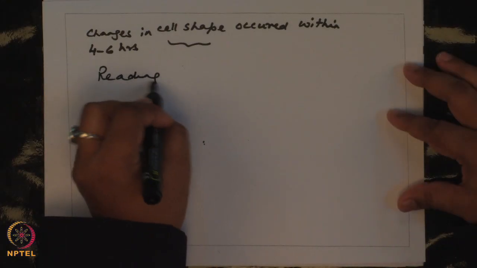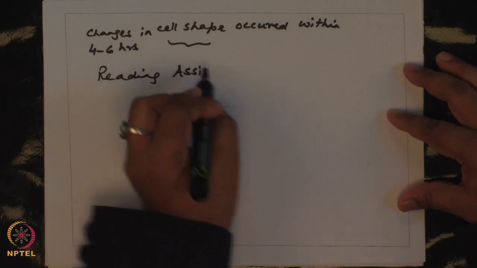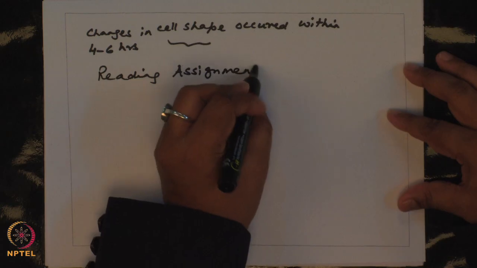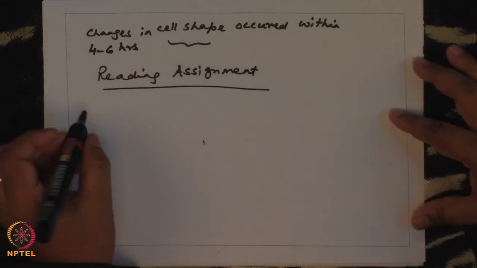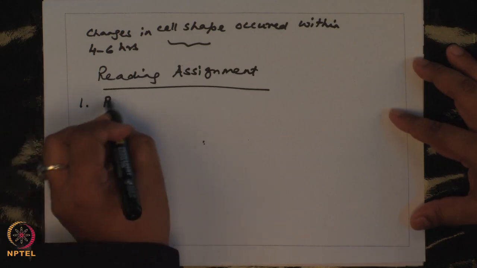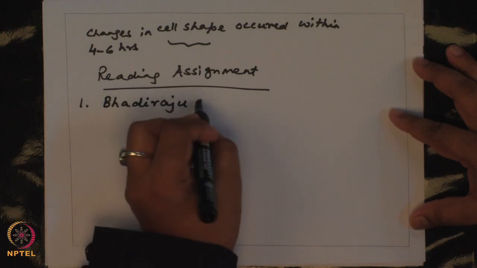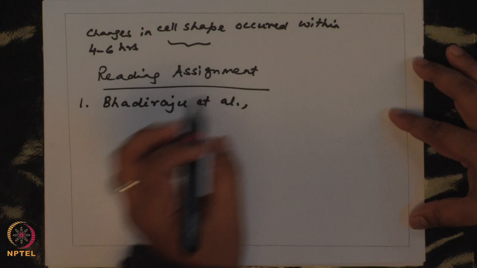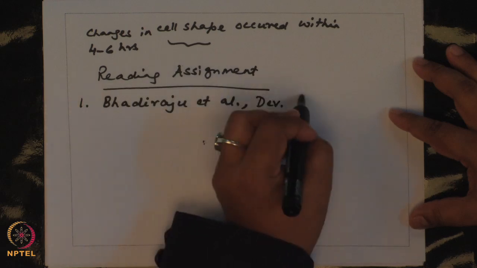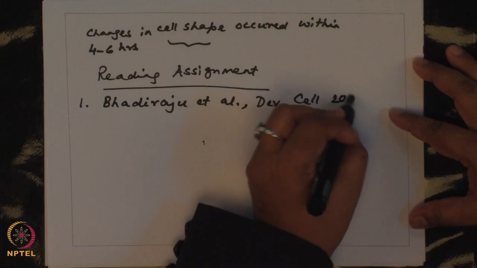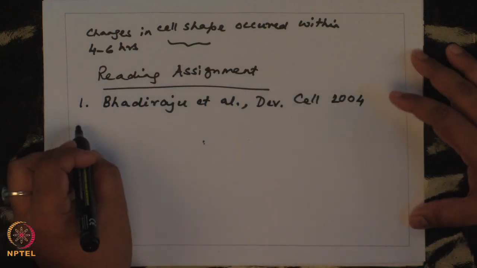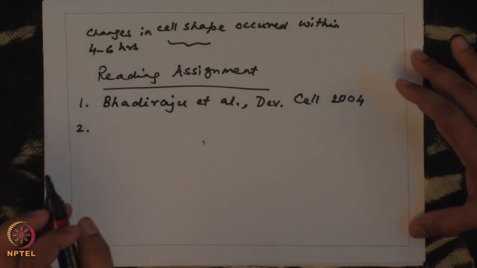As a reading assignment, I would recommend you read 4 papers. This was the Developmental Cell paper, where cell density influenced stem cell fate via regulation of cell shape.